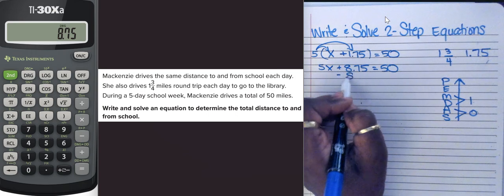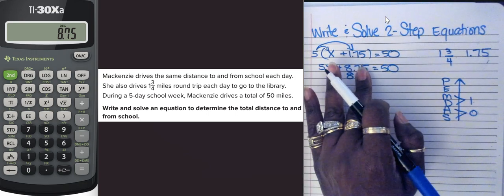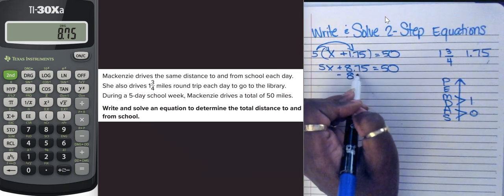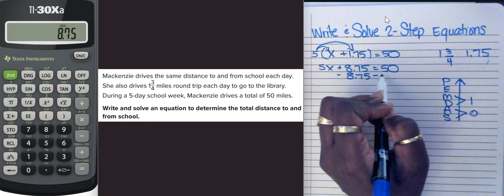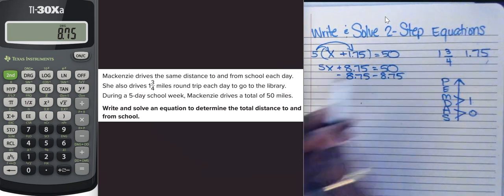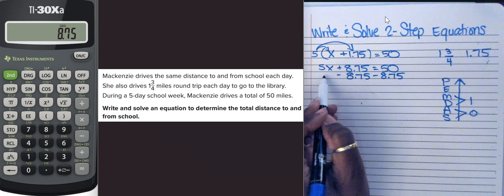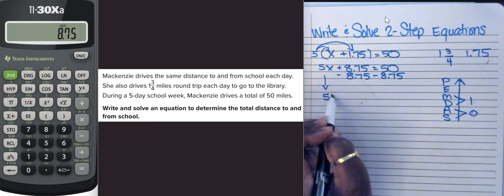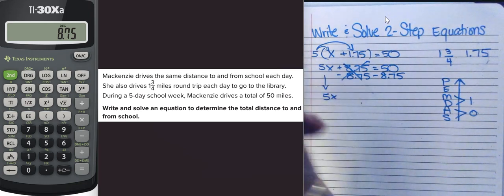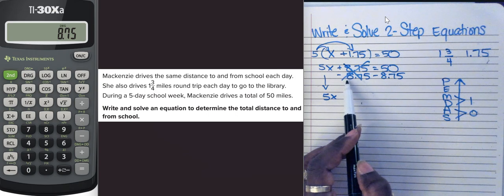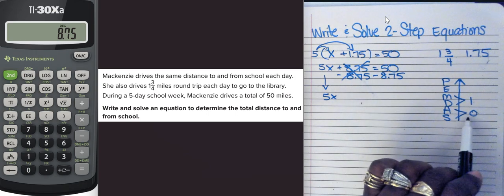So I'm going to subtract 8.75 from both sides. By doing that, we end up with 5x. The 8.75, the positive and the minus for the same quantity becomes 0, which is good.